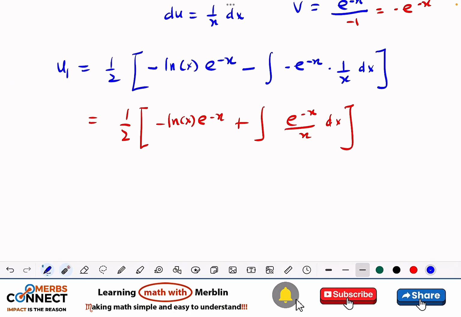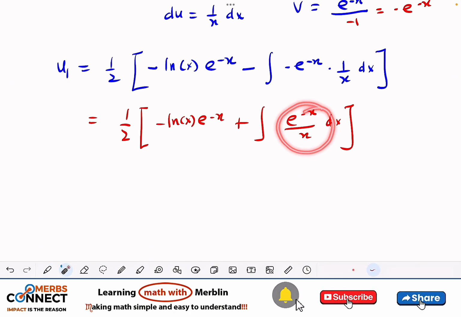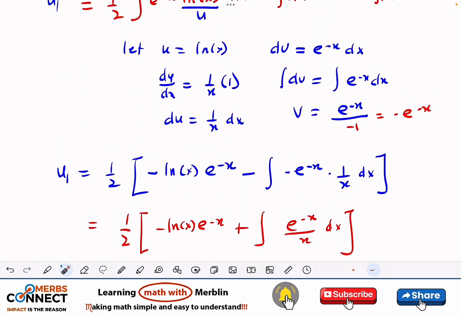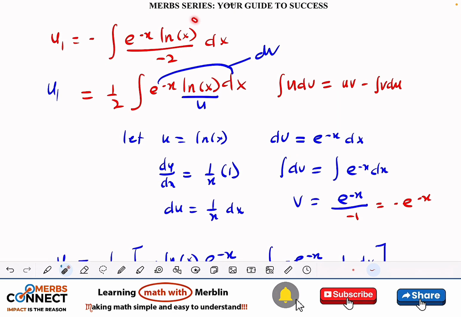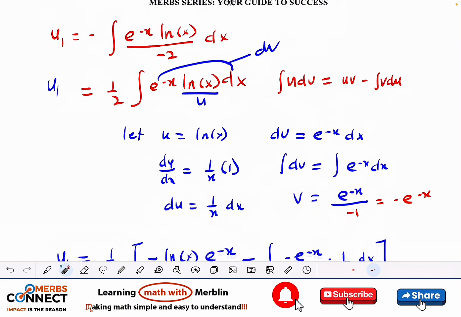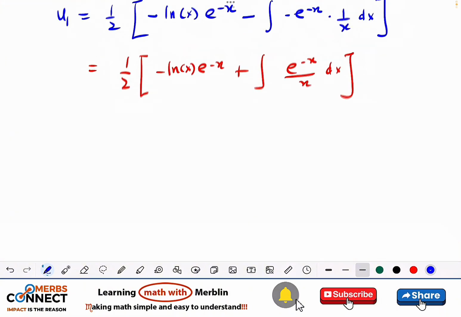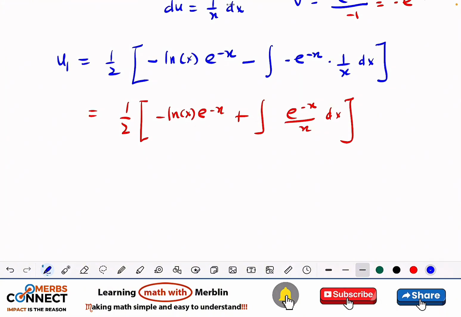So I'm going to do the integration again, but I want to do it in such a way that I come back to the question again, the one that's in terms of e to the power minus x, so that I can use a reduction form to solve this. So let's go again. Because I want to use the reduction, I'll let u be equal to e to the power minus x, and then dv will be equal to 1 over x dx.